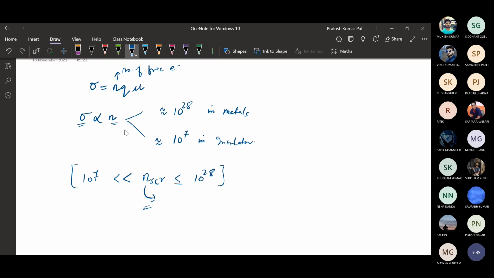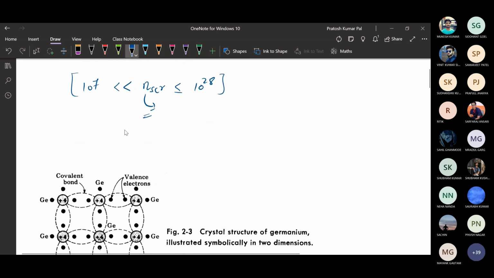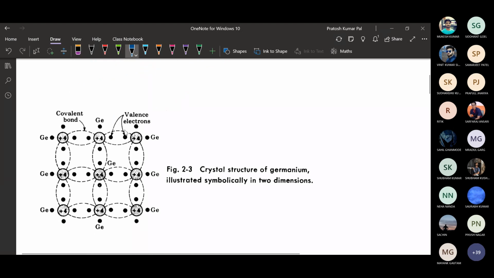Suppose it is germanium at 0 degree Kelvin. Germanium is tetravalent, and all semiconductor materials are tetravalent. It has 4 valence electrons in the outer shell.